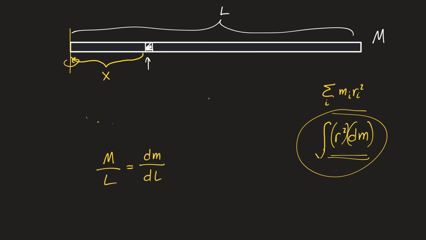And I think we can all agree that the first piece would be where X equals 0. And the last piece will be when X equals L. That when I look at this bar, I can break it up into lots of pieces, but the first piece will be right there at the edge.